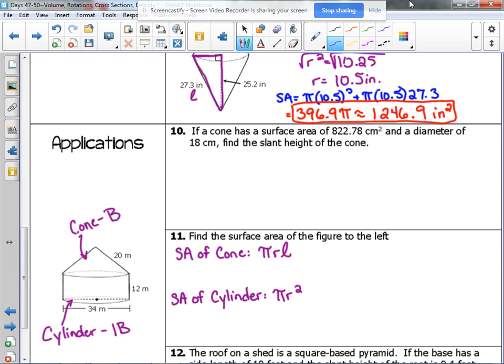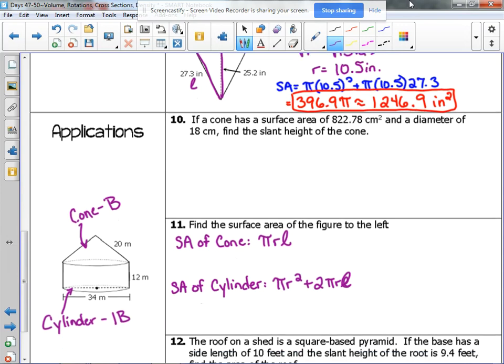We've only got 1 pi r squared. We just have the bottom, we don't have the top, plus 2 pi r L. That 2 pi r L gave us the lateral area, the area around the outside. So that's the setup for it. I'm going to let you finish it and practice.